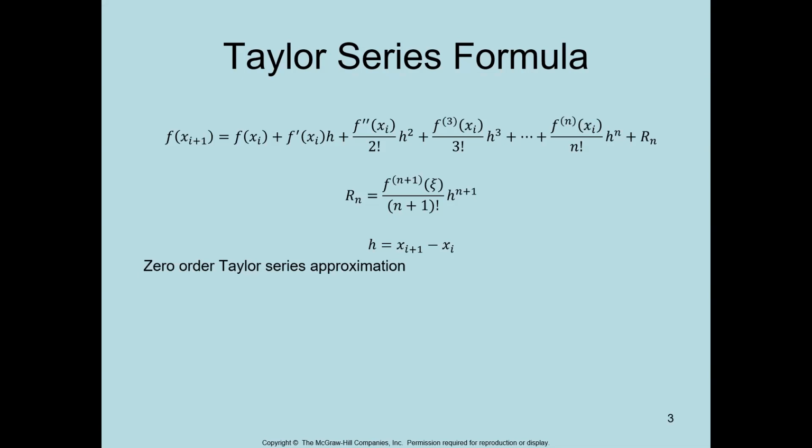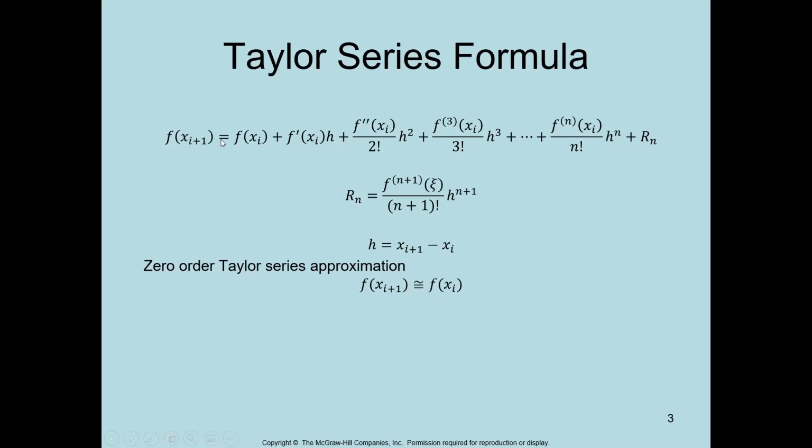The approximation starts from the zeroth order, at the lowest level. It is called the zero order Taylor series approximation, which only takes the first term of the Taylor series. If you just take the first term, that approximation will be the zeroth order approximation. Here we represent it by the approximately equal sign, not the exactly equal sign.